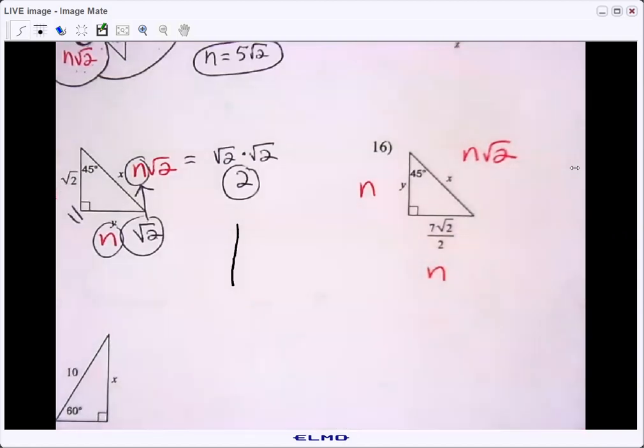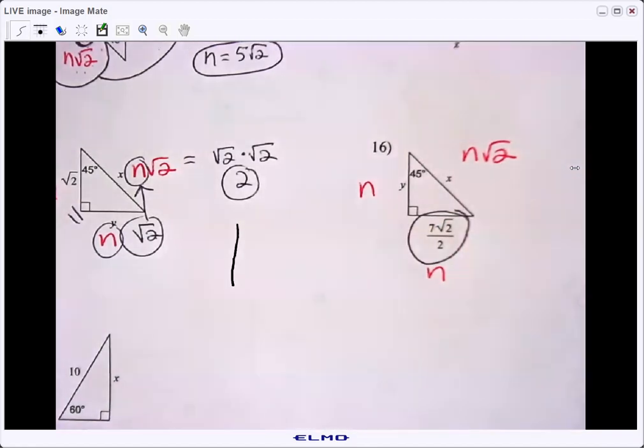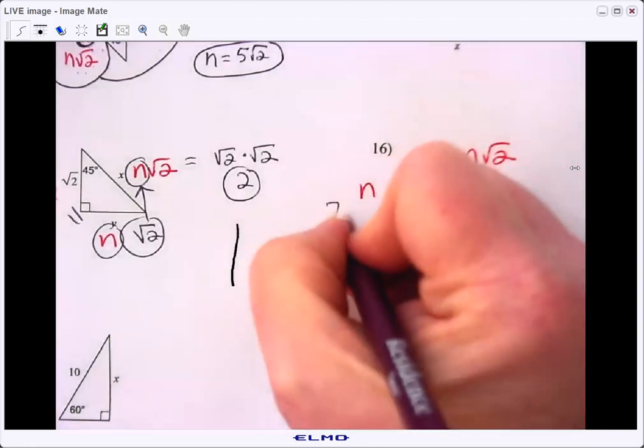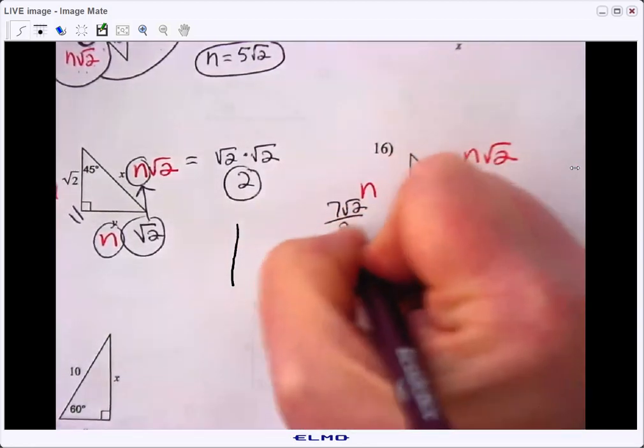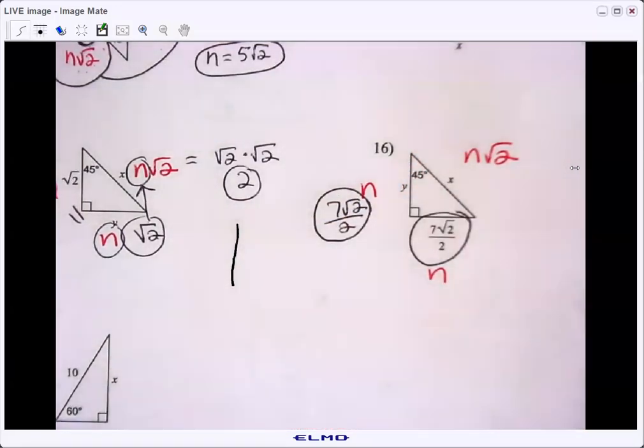So what is my n? 7 square root 2 over 2. Good. This is my n. So what does that make the left side? 7 square root 2 over 2. Good.